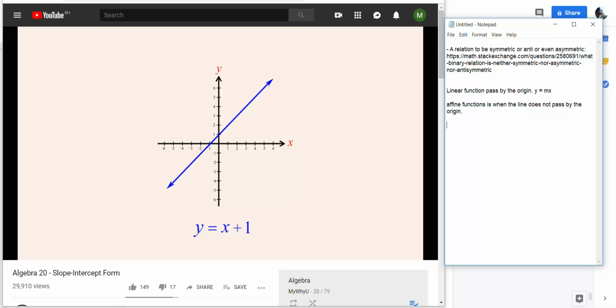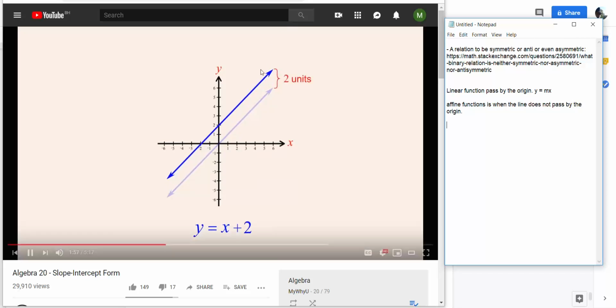Every point on this line has a y-coordinate whose value is 1 greater than the value of its x-coordinate. This equation describes the same line as before, but the entire line is 1 unit higher on the Cartesian plane. Likewise, the equation y equals x plus 2 describes a line 2 units higher.